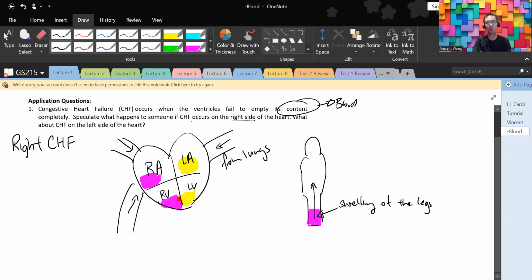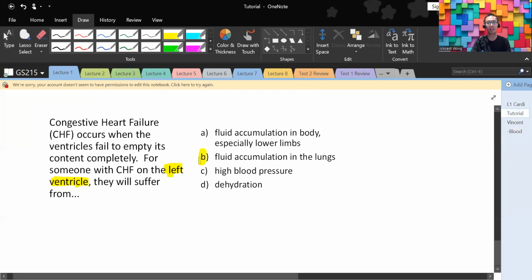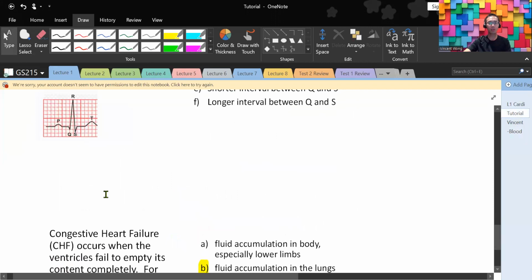So now you will have backup all the way in the lungs. So all these extra fluid, instead of building up in the legs, it will be building up in the lungs. And so the correct answer would be fluid accumulation in the lungs. Okay, so that could affect your breathing, that could increase your chance of getting infection like pneumonia. So pretty bad stuff. Okay, let's try one more.